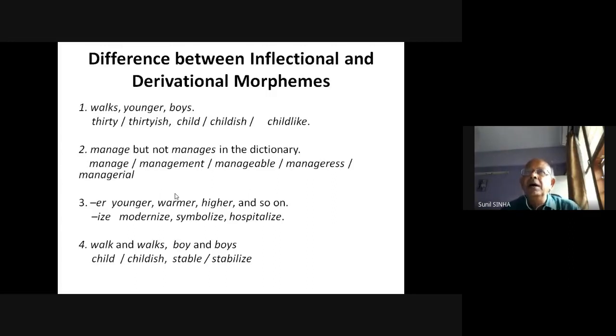The first difference is what I have already told you. That is, look at walks, younger and boys, 30, 30-ish, child, childish, childlike.